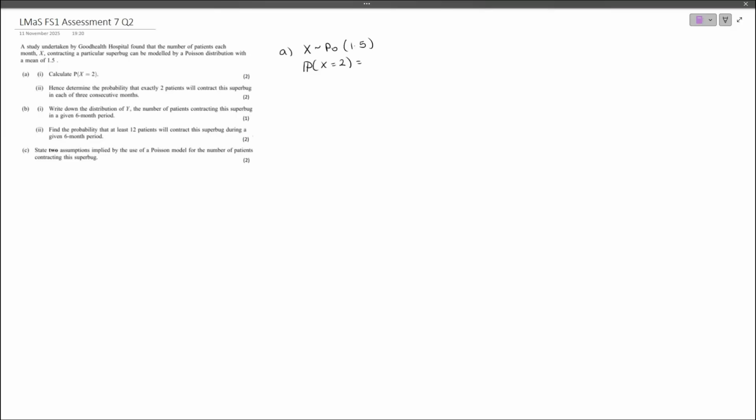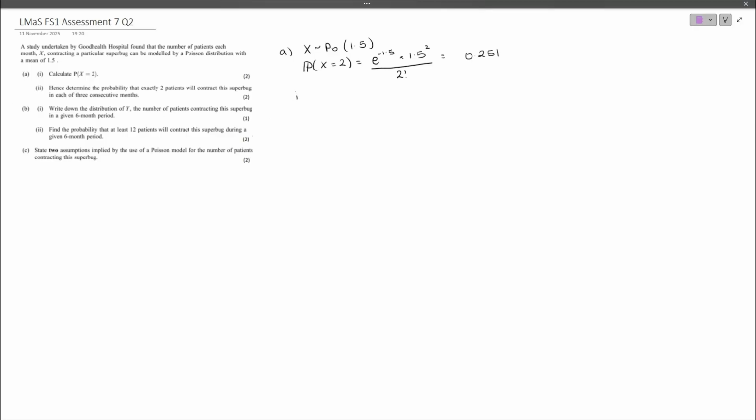Our calculators can calculate this probability directly, but we can also use the formula for a Poisson distribution, which is e to the negative lambda, so e to the negative 1.5, multiplied by lambda to the power of the outcome 2, divided by the outcome factorial. If we evaluate this, it gives us 0.251 to 3 significant figures.